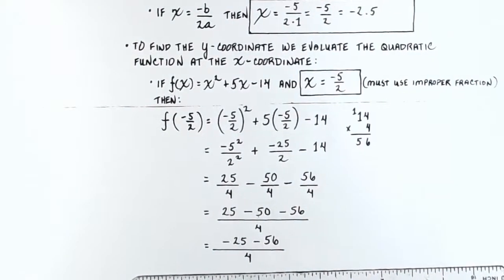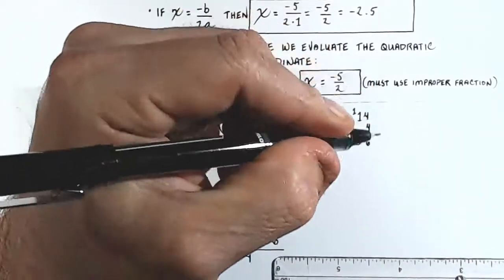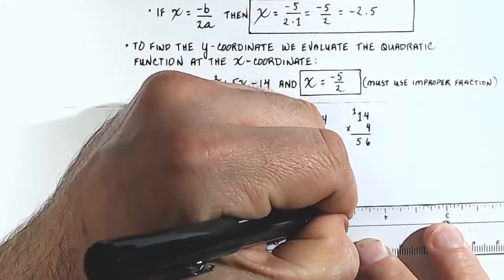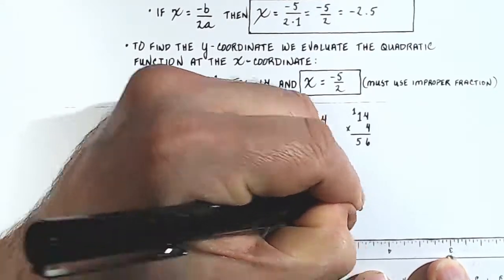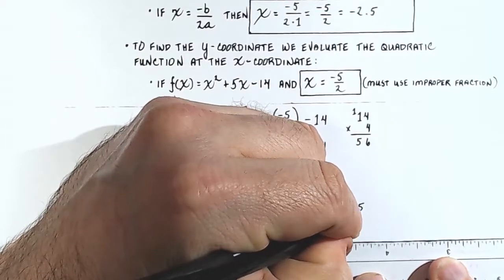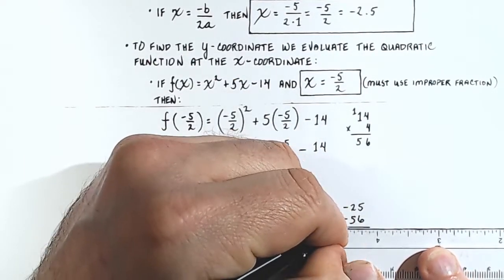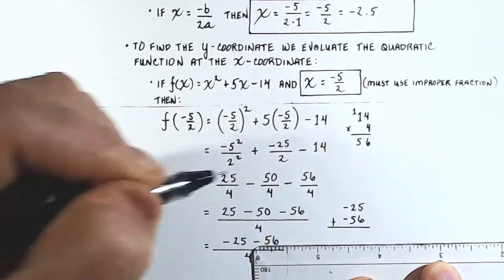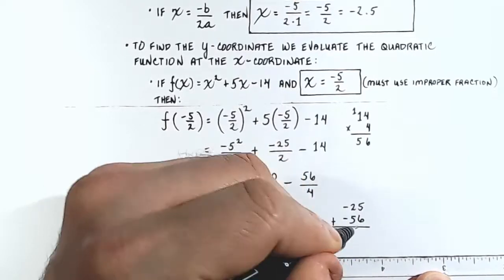Okay, so now we have to figure out by hand what negative 25 minus 56 is over in side work here. So that ends up being like an addition problem with negative numbers. So it's negative 25 minus 56. And you set this up like an addition problem. Just add it up like it was an addition problem.